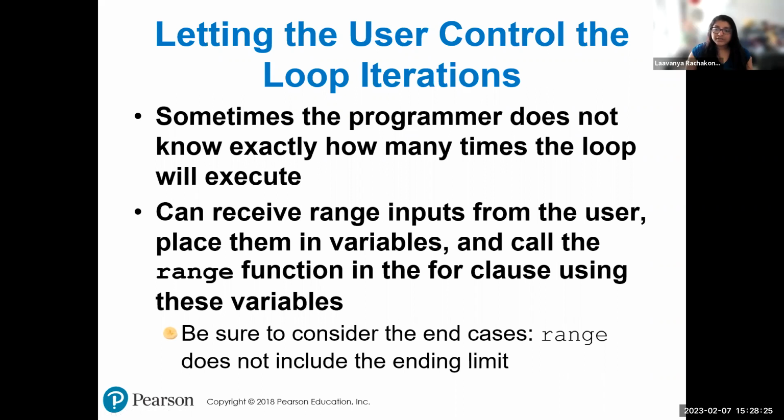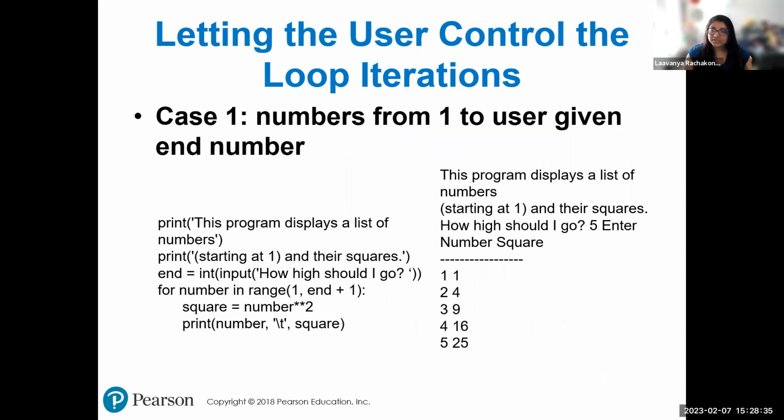So you can receive the inputs through variables, and you can assign those variables as arguments inside our range functions. So say this: number from 1 to user given n number. This displays a list of numbers starting at 1 and their squares. So you're basically taking the previous program, but instead of us deciding the ending limit, you are asking the user to enter the ending limit.